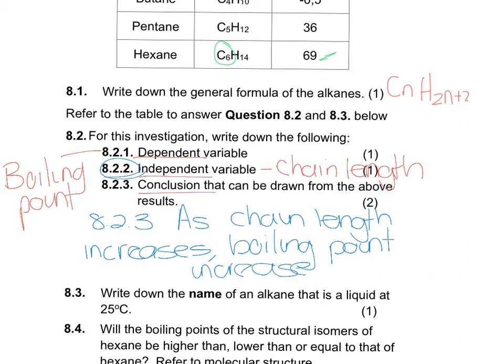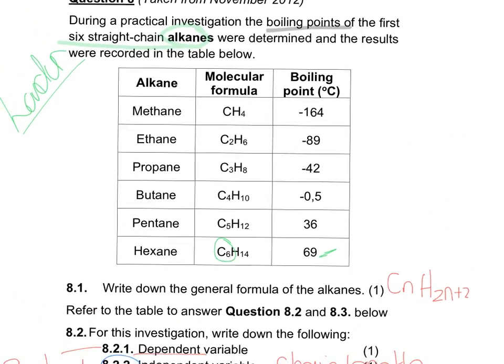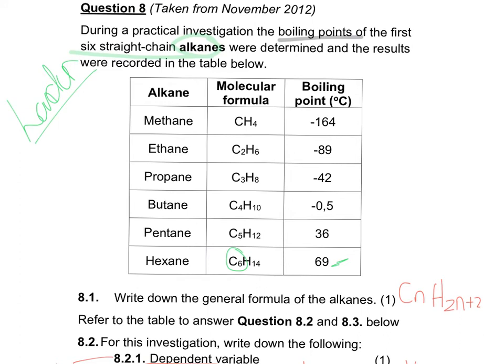Nice and easy. Now they say write down the name of an alkane that is a liquid at 25 degrees Celsius. If we go back to our table, these are all boiling points, the points where it goes from a liquid to a gas. We look at the ones that are liquids at 25 degrees. These 4 all boil way before 25 degrees. Pentane will still be a liquid, and so will hexane.